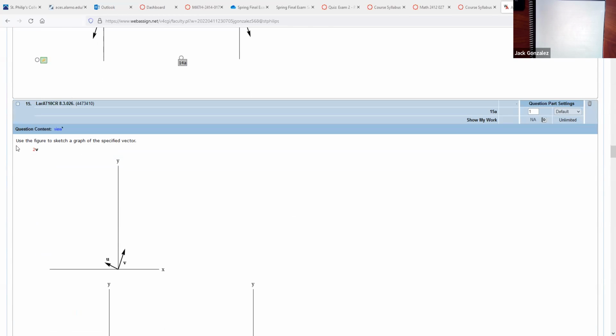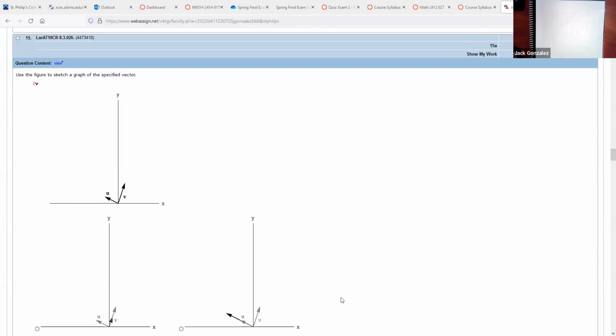That's what the book calls it, because it scales the vector by that factor. So times 2 would be doubling the size, doubling your magnitude. So if v is right here, then 2 times v would be about that long, right? Maybe a little less. There's my double v. So obviously it's not that one or this one.